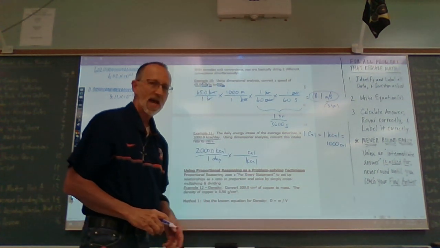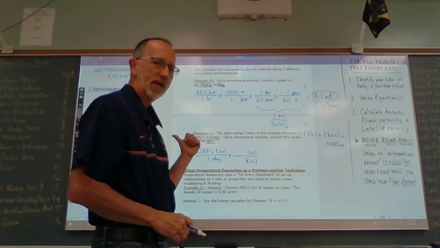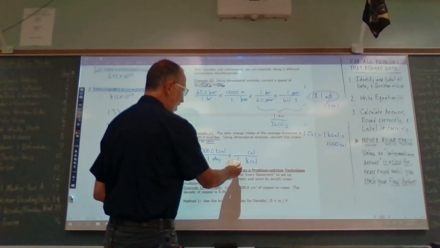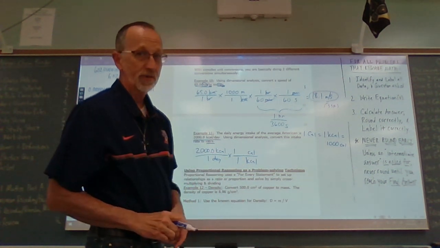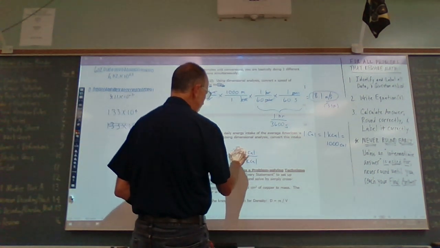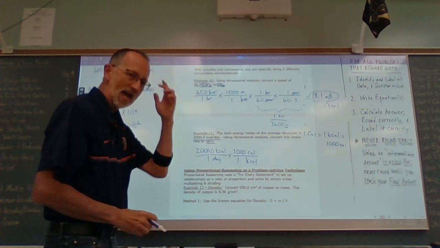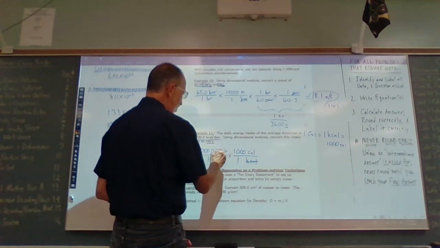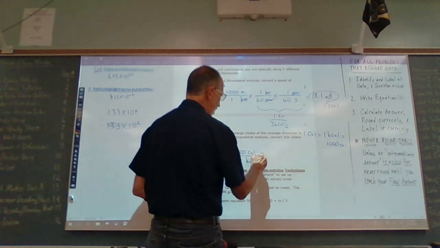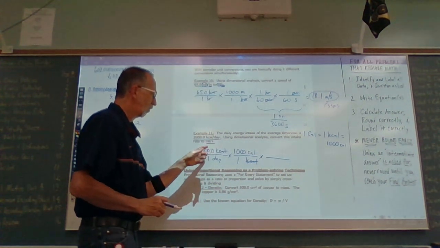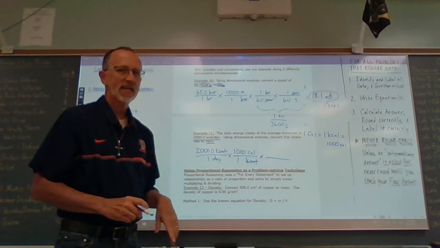Okay, remember calorie is a base, kilo is over here, so kilo is bigger. How much bigger is it? 3 spots, so that would be 1,000, just as we said over there. So 1,000 calories in a kilocalorie. The kilocalories cancel.